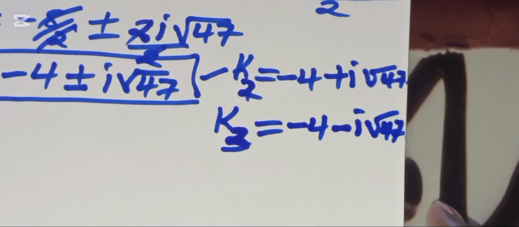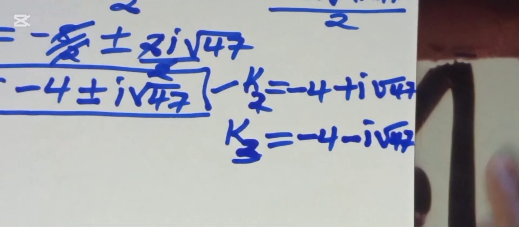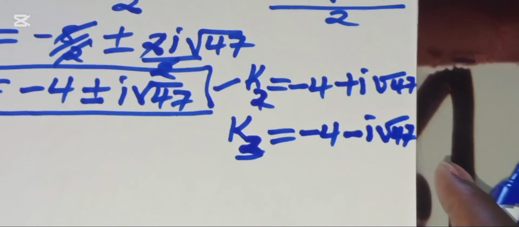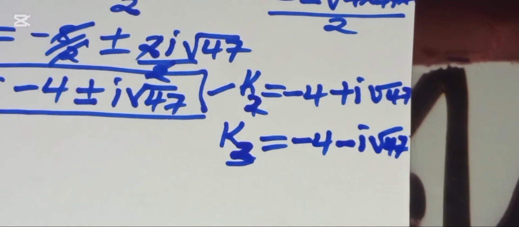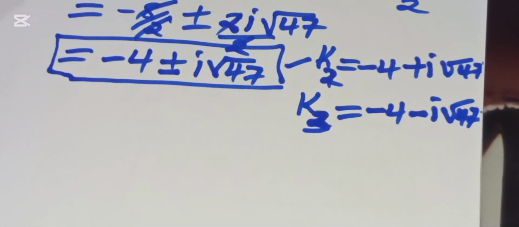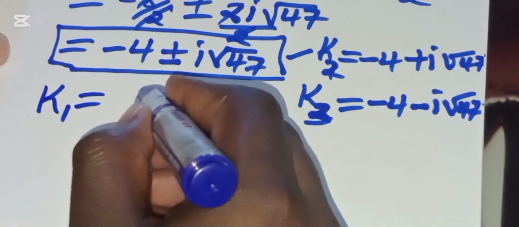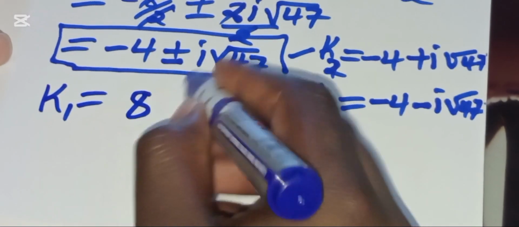That means that we have three solutions here. We have k1, which is equal to 8, a real root.